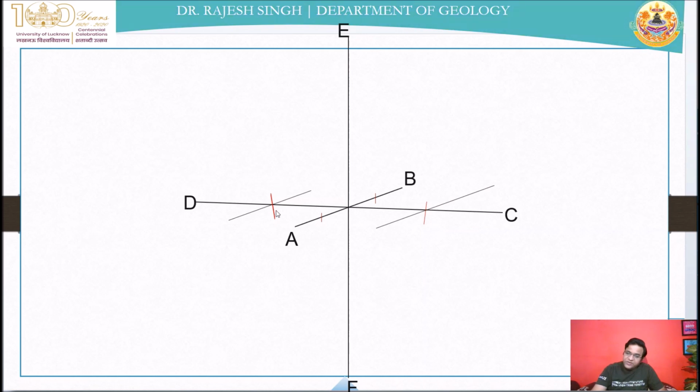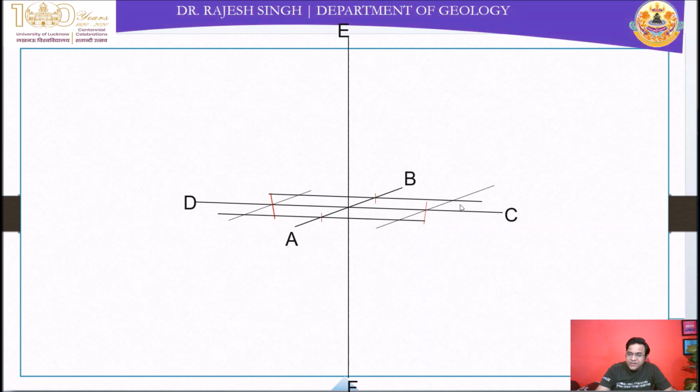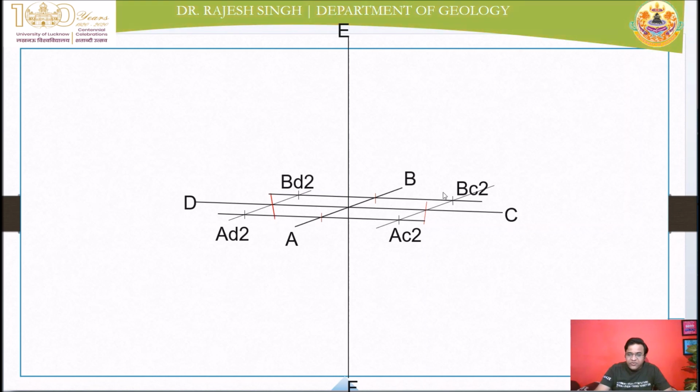This is the line parallel to A1. Again, these are the lines parallel to A2. Now again we get four points: 1, 2, 3, 4. This is between B and C, so I can write it as BC because I am going to use the same notation which I used in method 1. So mark these points. These are the four points, similar to method 1.